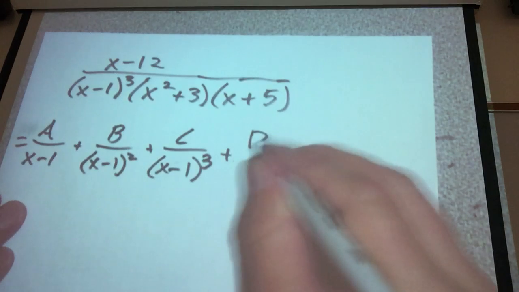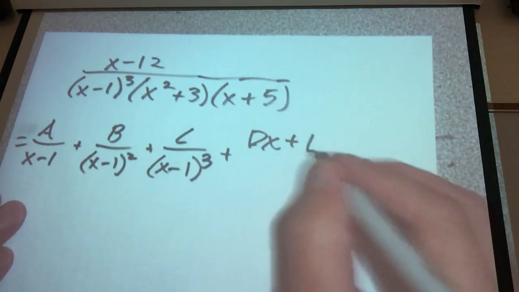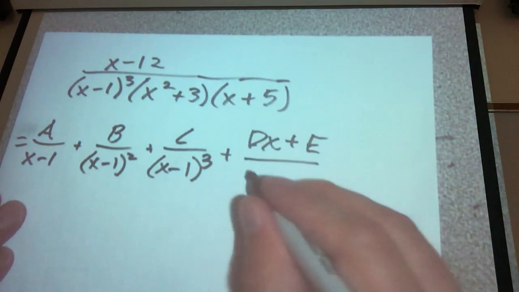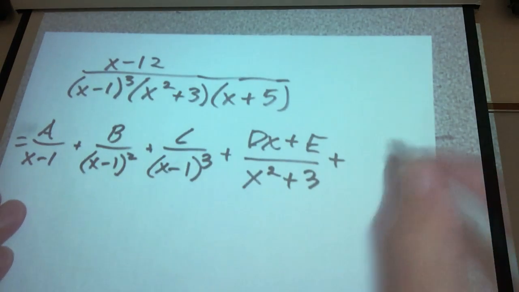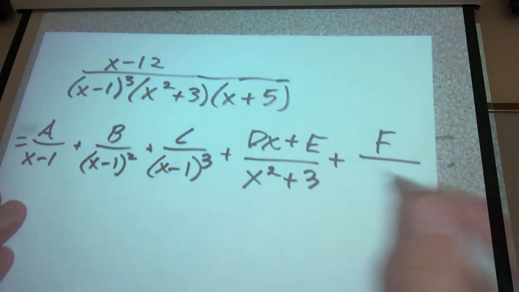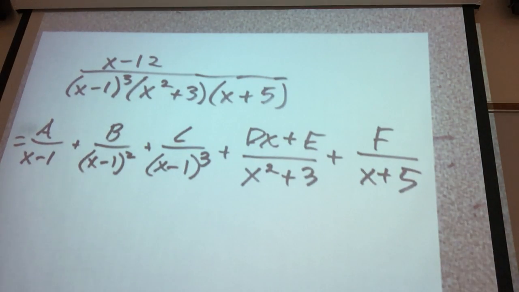Now plus dx plus e divided by x squared plus 3, and then plus f divided by x plus 5. And that is the partial fraction decomposition of that problem.